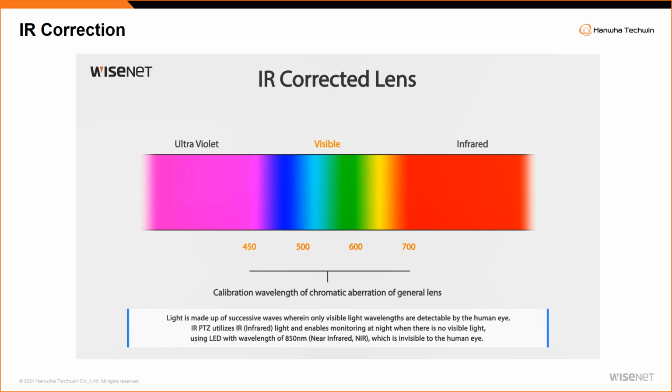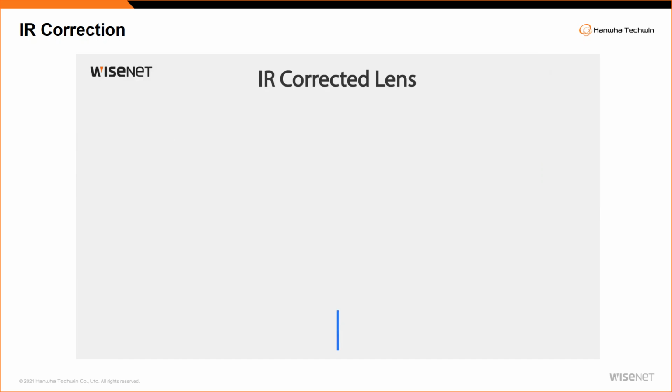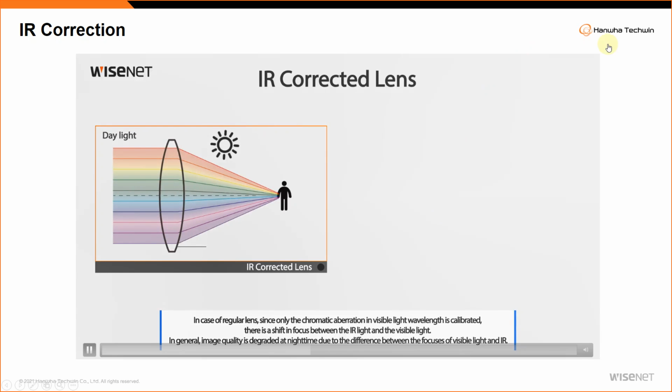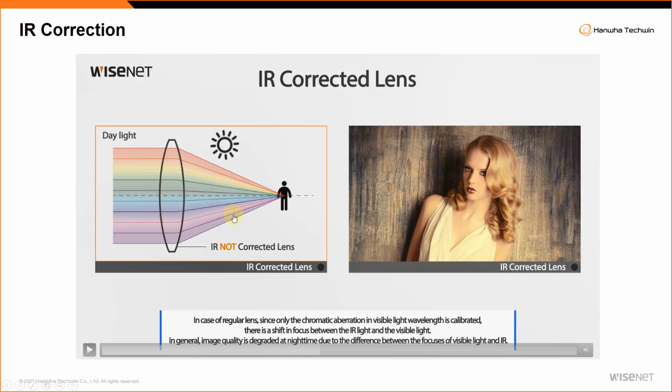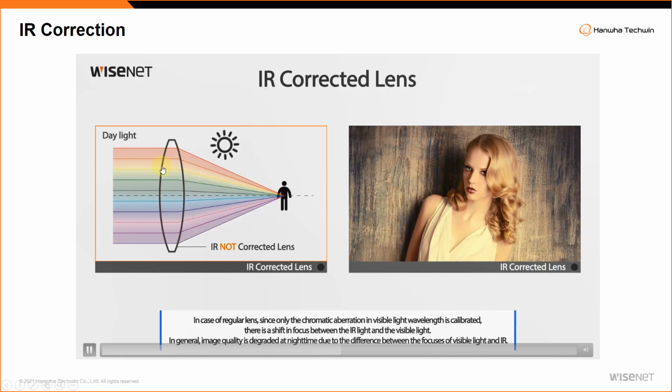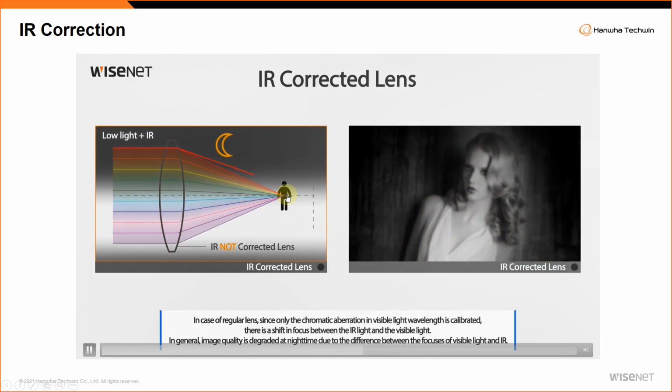If you're into perimeter monitoring, if you're into outdoor monitoring in your projects, you have to know that visible light has a specific focal length. I mean, it focuses at a specific point. The IR beam, this red light on the top, will have a different focal point.